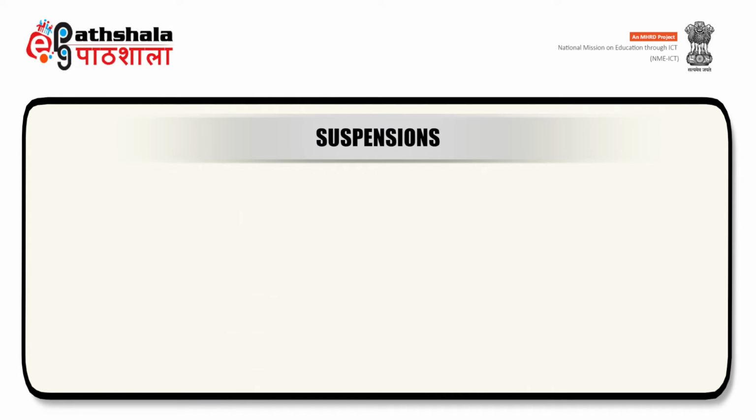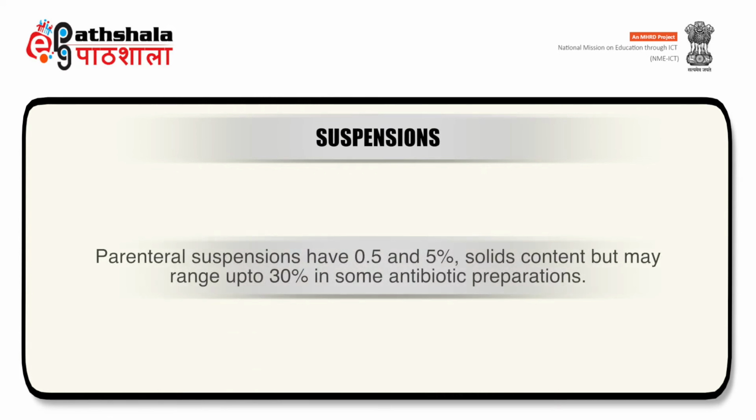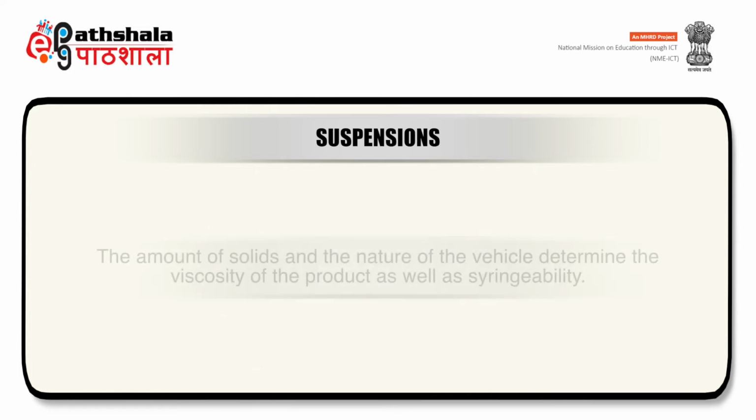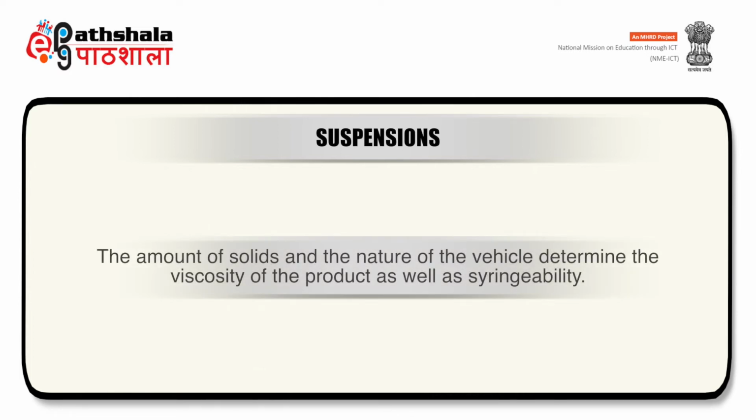Now the third type of products, suspensions. Parenteral suspensions have 0.5 to 5% solids content but may range up to 30% in some antibiotic preparations. Amount of solids and nature of vehicle determines the viscosity of the product as well as its syringeability.